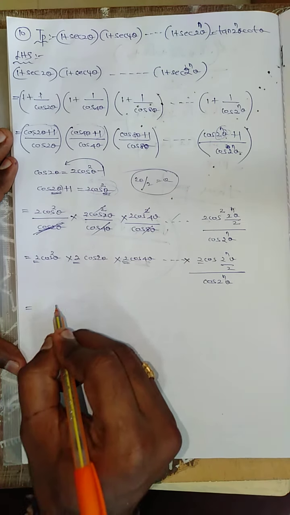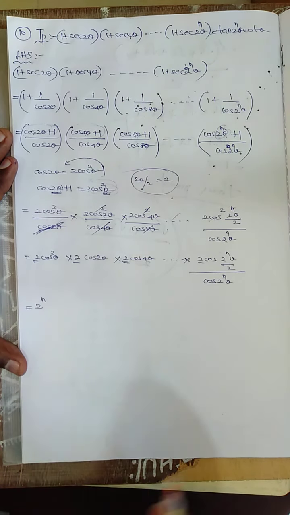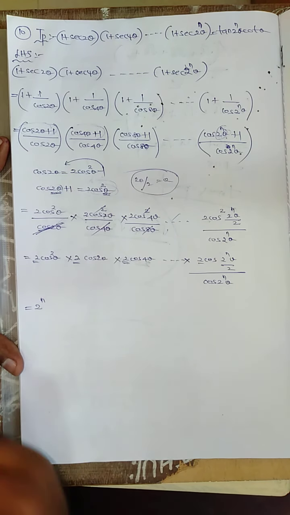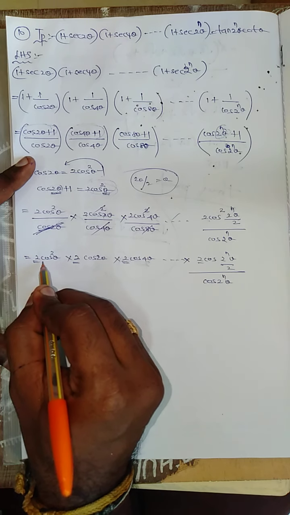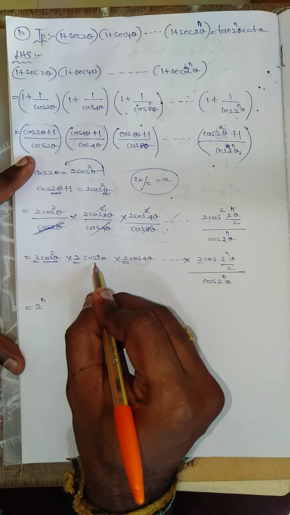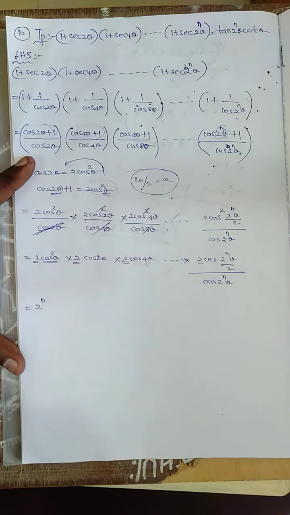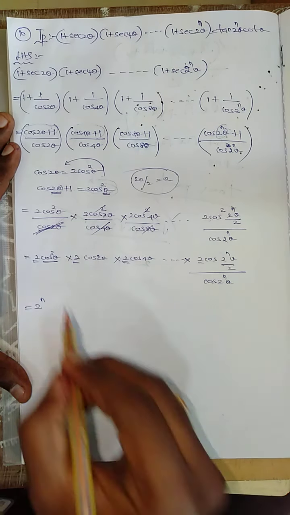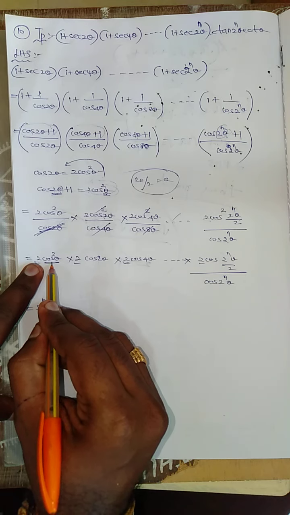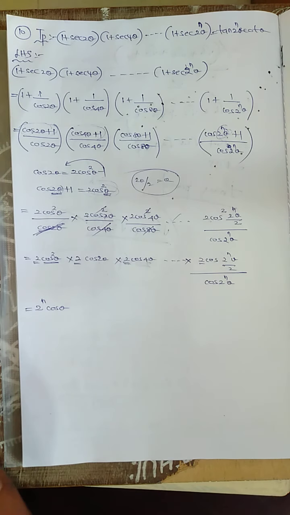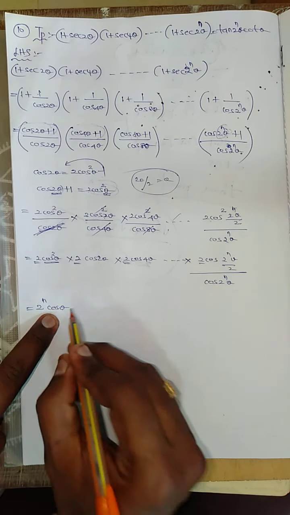2 is present, so I can write 2 power n. How many terms I don't know, so I can write 2 power n. So you see here what is present, cos square theta. Here cos 2 theta is present. This cos square I am going to write as cos theta and cos theta, and I have removed the 2.